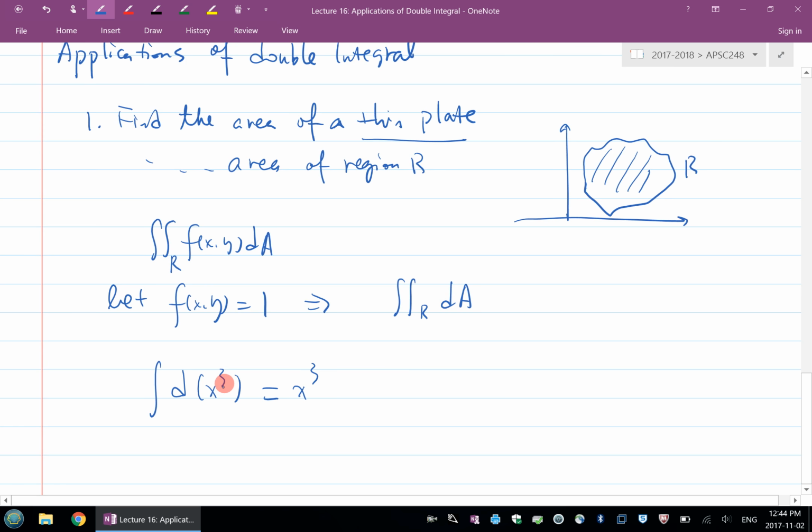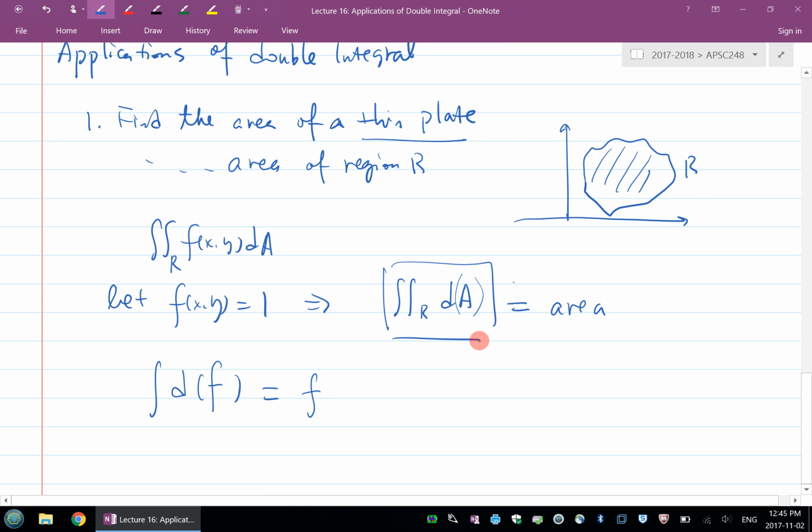Or if I change this to any function, it gives me back this function f, isn't it? So now if I look at this double integral, the integrand is 1, but d followed by this A here should give me back what? The area. So integration of d of anything gives you that anything. That basically is the idea of getting the area of the thin plate.